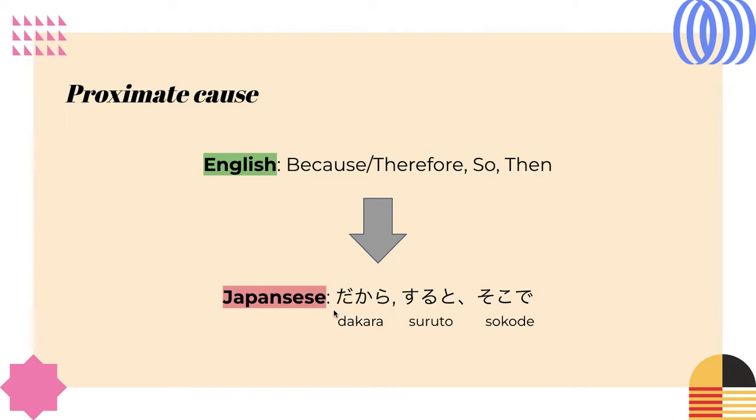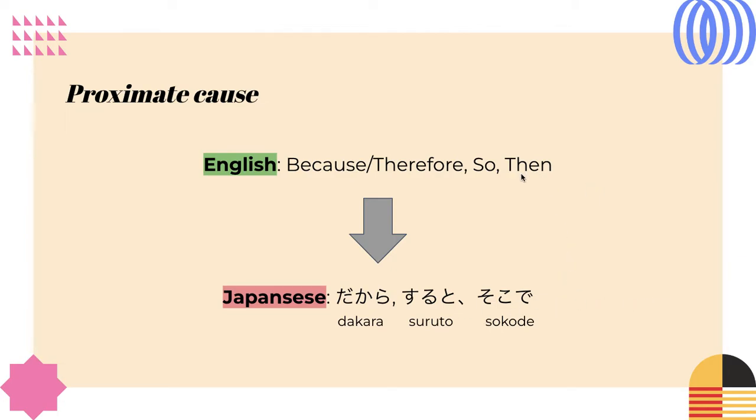These three have very similar meanings, and basically most of the English definitions apply to every single meaning in Japanese. So だから could be because or so or then, and すると could also be because, therefore, so, then, and そこで.